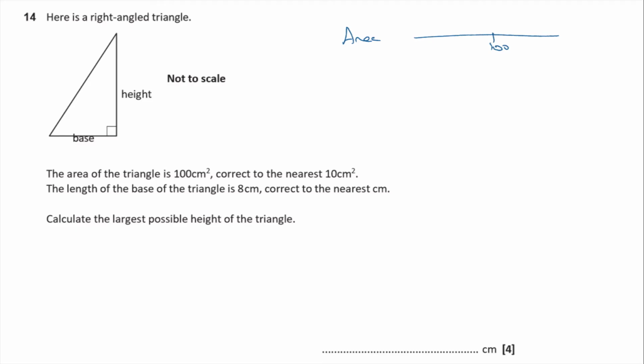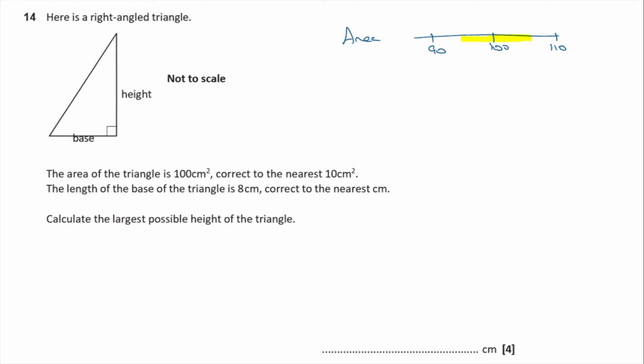Now, if you imagine a scale which is going up in tens, then the next number up on this scale would be 110, and the one before it on this scale would be 90, wouldn't it? Going up in tens, 90, 100, 110. Now, which values round to 100? They're going to be the ones that are halfway between those values or closer to 100, so that region there.